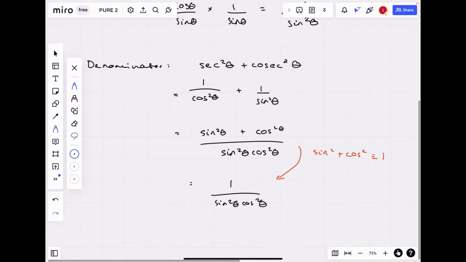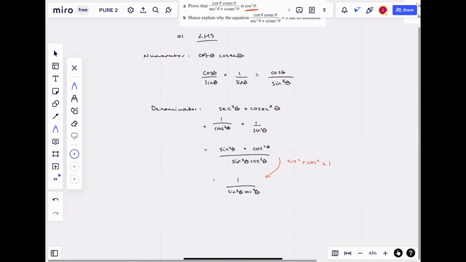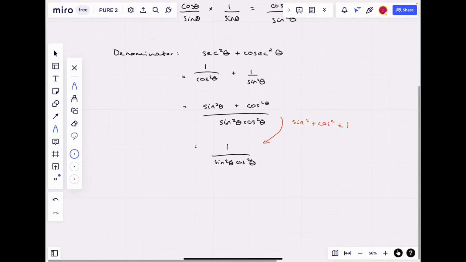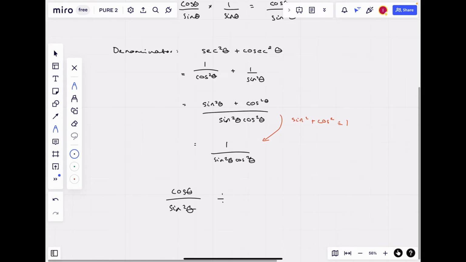So now you're going to put the two together. You're going to put cot theta cosec theta, and you're going to write that as cos theta over sine squared, and that's divided by your denominator, 1 over sine squared cos squared.